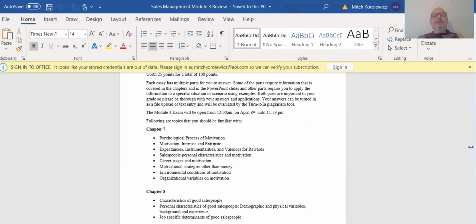And what's the difference between intrinsic and extrinsic? Some of the components of motivation, if you remember, we talked about expectancies, instrumentalities, and valences for rewards. What are some of the salespeople's characteristics and motivation? I want you to pay close attention to the information about career stages and motivation.